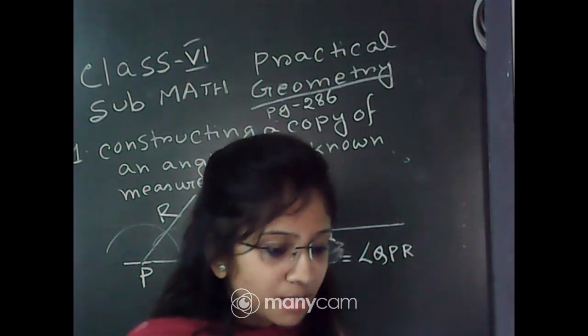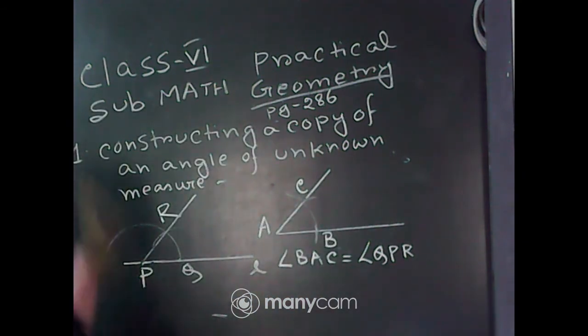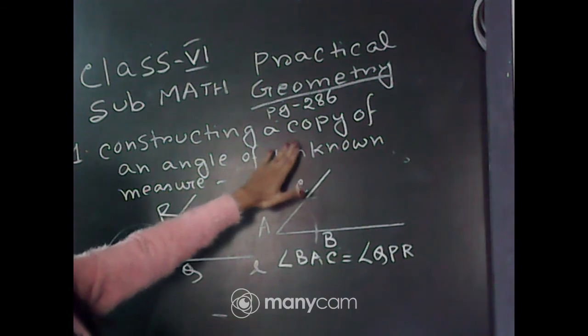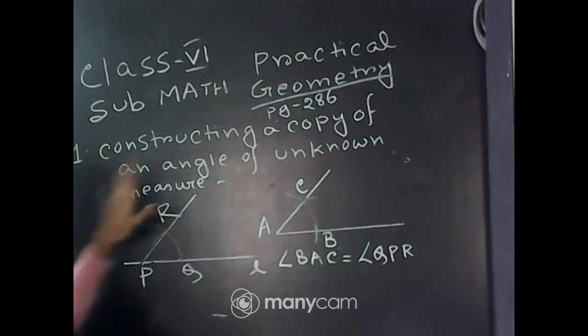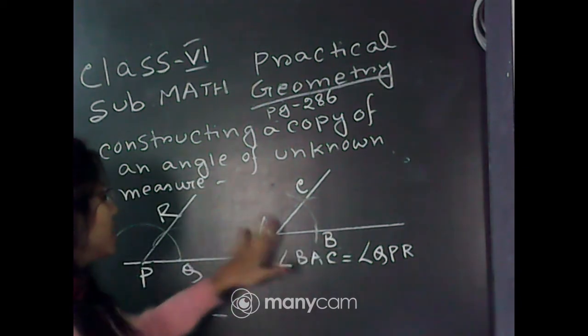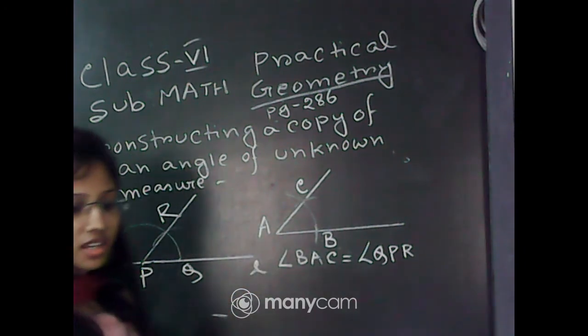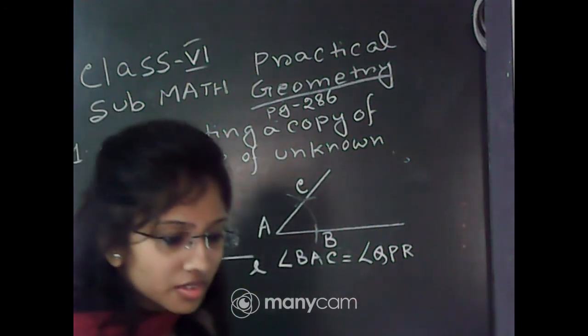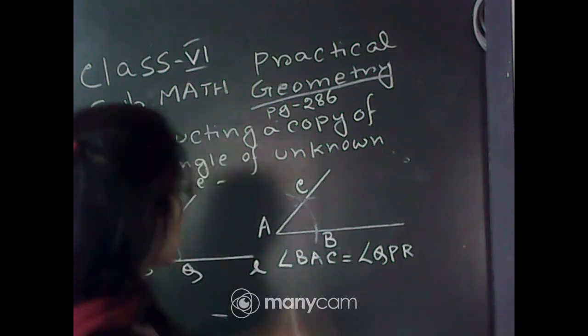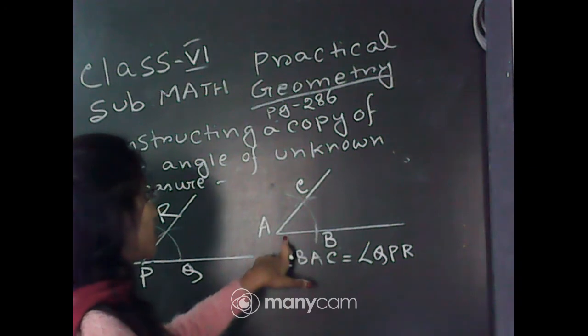Okay, I repeat again. Here the topic is constructing a copy of an angle of unknown measure. First, we draw an arbitrary angle. Here angle A is given and the measure of angle A is not known. We want to copy this angle.